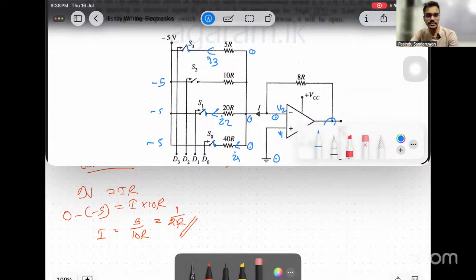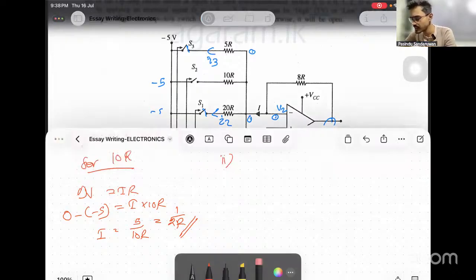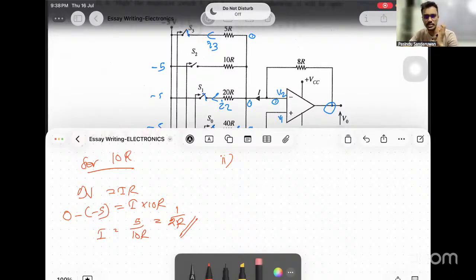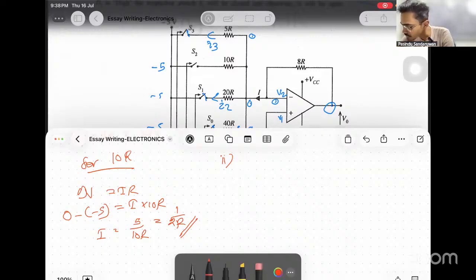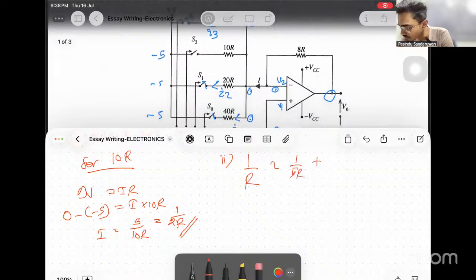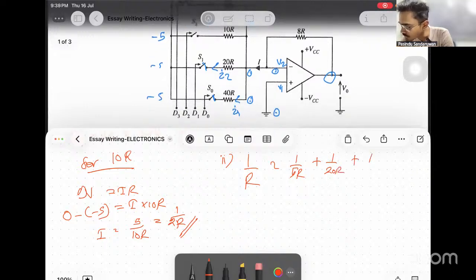Since they are in parallel combination, first I'm going to solve for the equivalent resistance. That is easier. Finding the currents separately is also fine, that's up to you. I'm going to solve the equivalent. 1 over R dash equals 1 over 5R plus 1 over 20R plus 1 over 40R.